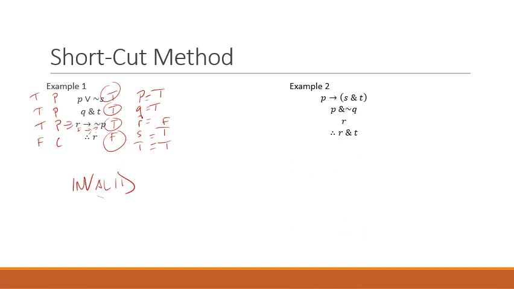All right, so we'll end here with one more shortcut example, and that'll be it for this video. But I wanted to do an example of one that is valid, just to show you what happens when you can't find this assignment and how you kind of know that it's impossible.